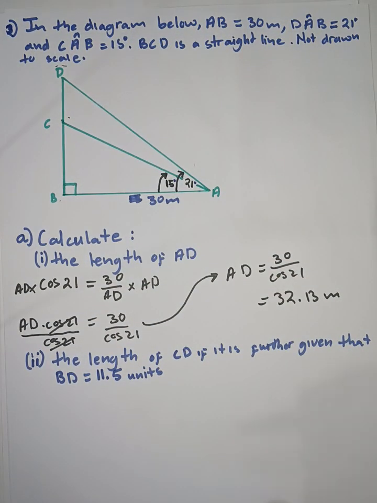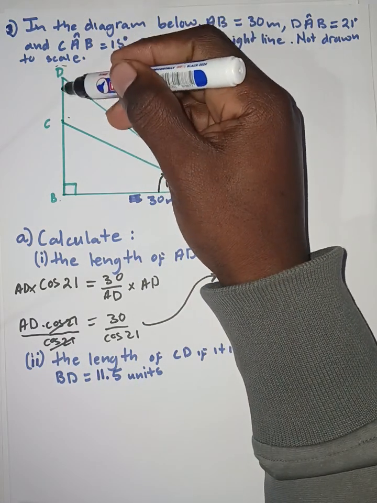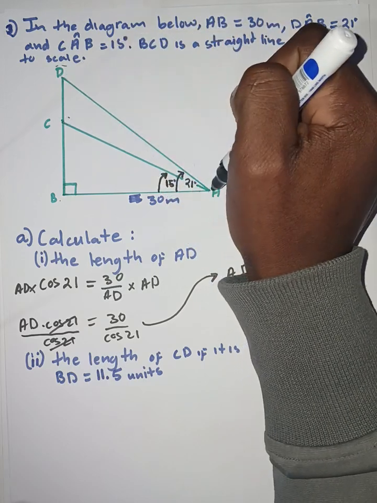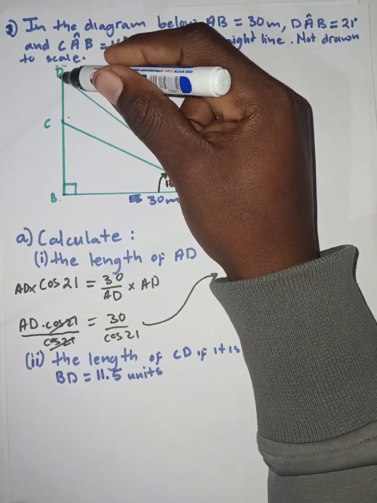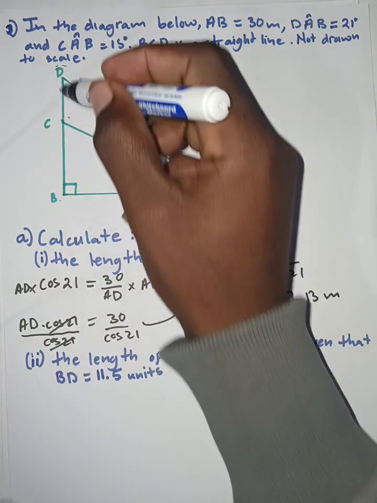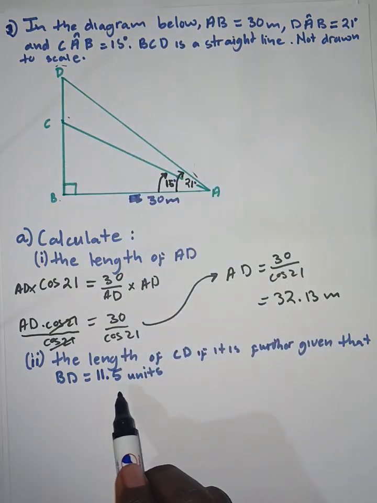If you check that side that we must calculate, it is in that smaller triangle, which is not a right angled triangle, so we can't work on that triangle. But you need to notice that they gave us this whole length there to be 11.5.